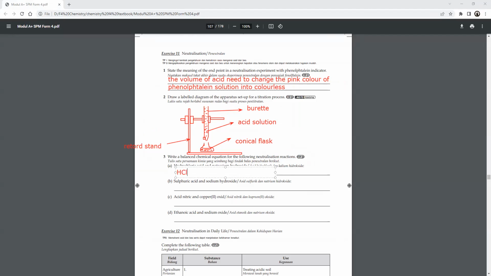Hydrochloric acid and potassium hydroxide, potassium is K, hydroxide is OH. Give me the answer. Come on.